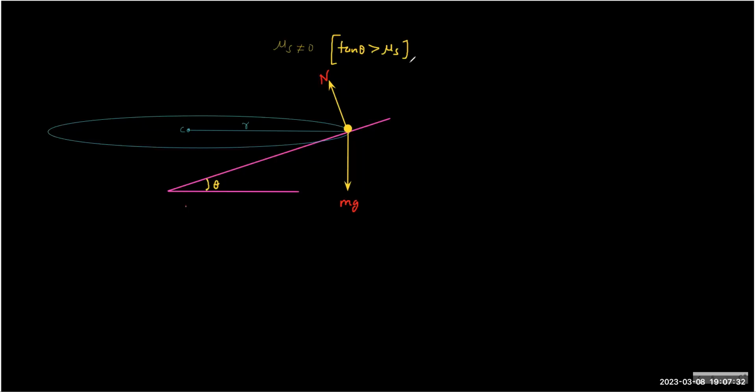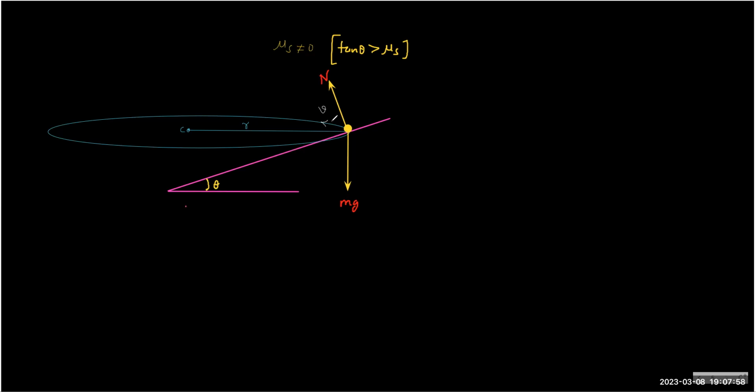The tan theta is more than mu, so it will have the tendency to slip down the plane. That is the first thing. But with some velocity, some speed, you may increase the normal. But if there is no velocity, then you have the tendency to go down, right?